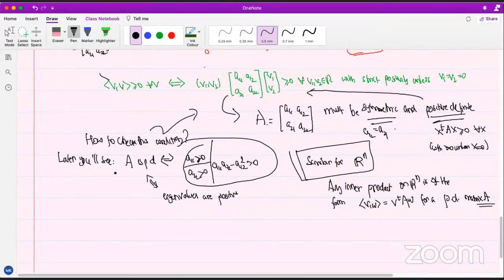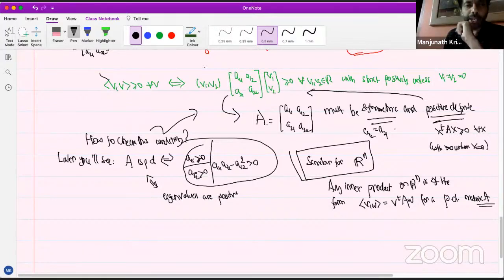Sir, is there a need for A22 to be positive? If A11 is positive and the determinant is positive, it's sufficient. You don't have to check this, because these two conditions imply this. Yes, that is correct. If A11 is positive and A11 A22 minus A12 square is positive, then A22 must necessarily be positive.